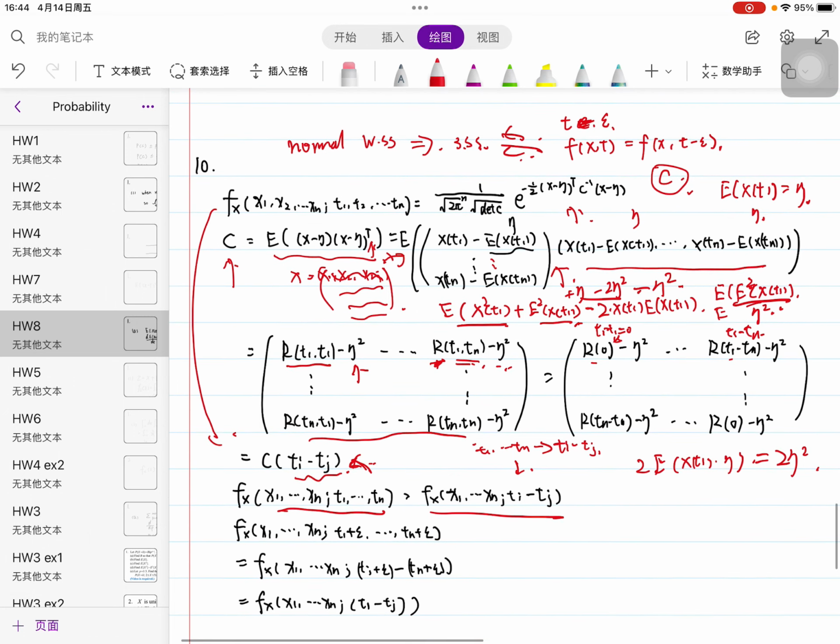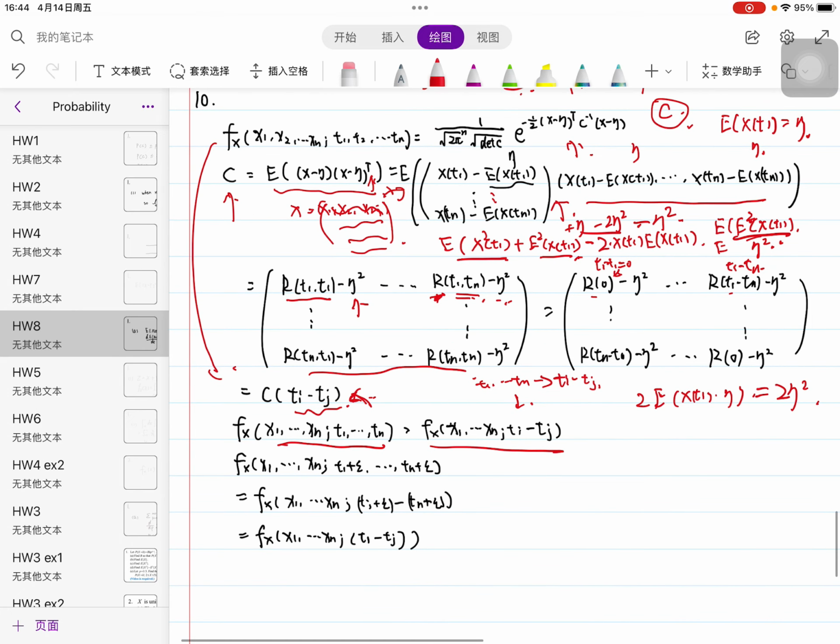And since we need to prove it is strict-sense stationary, we need to give a time shift to t. So here, that is time shift epsilon for every t: t1 plus epsilon, t2 plus epsilon, and to tn plus epsilon.